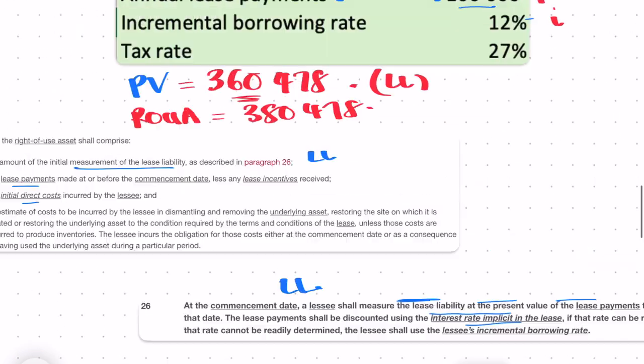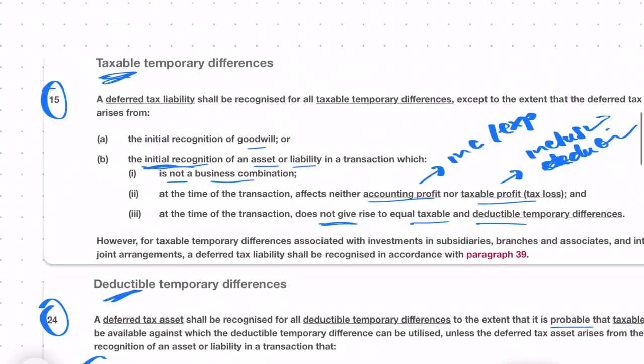Because if we go back to paragraph 15, when we are trying to assess whether an asset is going to be exempt from deferred tax, we always think about what happened at initial recognition. And if it was exempt at initial recognition, that means that subsequently it's always going to be exempt from deferred tax, right? Even though at the end of the year you are going to have a different right of use asset and lease liability, if it was exempt at initial recognition, it is always going to be exempt.